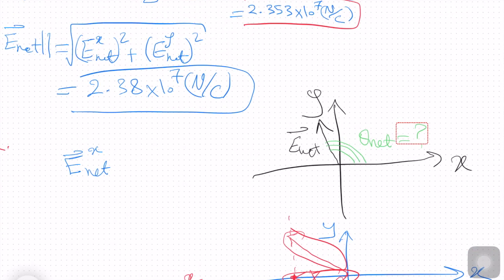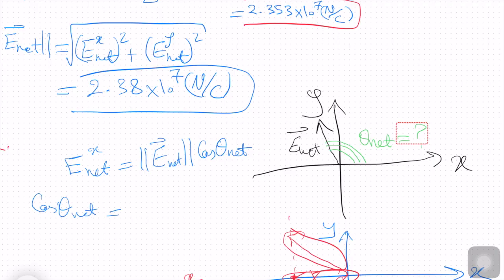So if E_x net is given, then I know that E_x net is the magnitude of E net times cosine of theta net, which means that cosine of theta net must be equal to the x component divided by the magnitude.